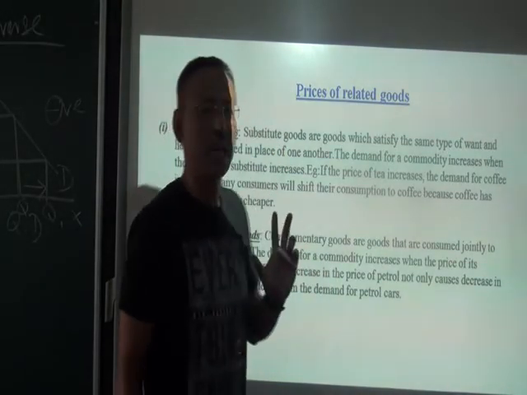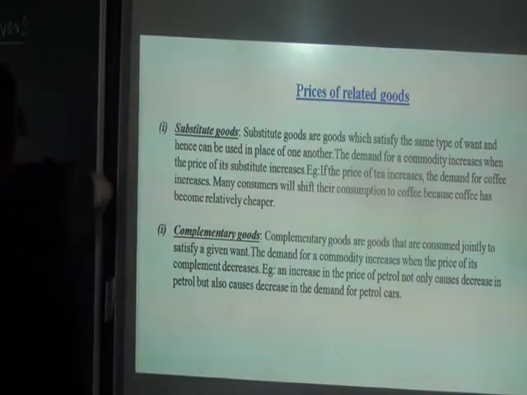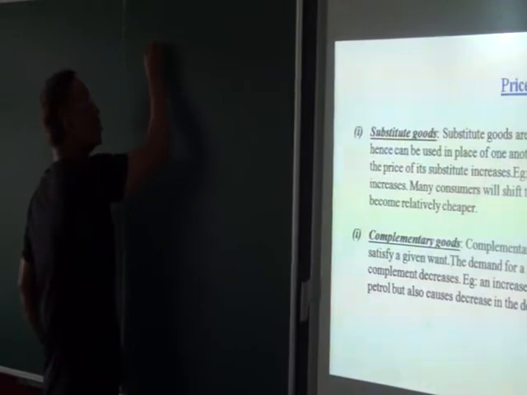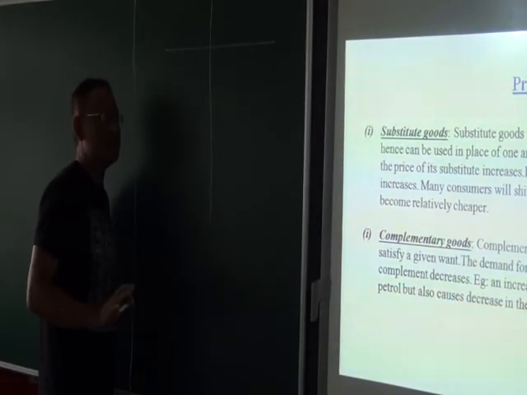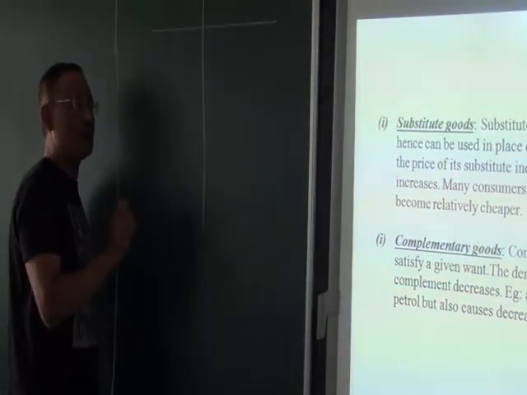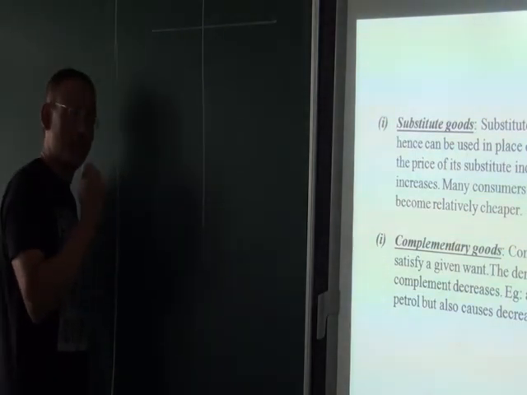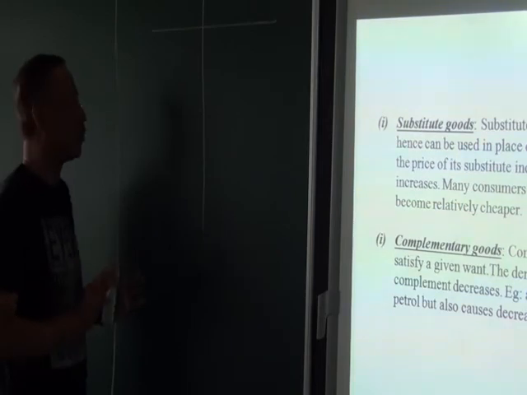Okay? So let me explain this to you. Substitute goods, to keep things simple, will always be tea and coffee. In my example, I showed that tea is the substitute good and coffee is the commodity that you drink. I'll change it again. Now tea is my commodity.